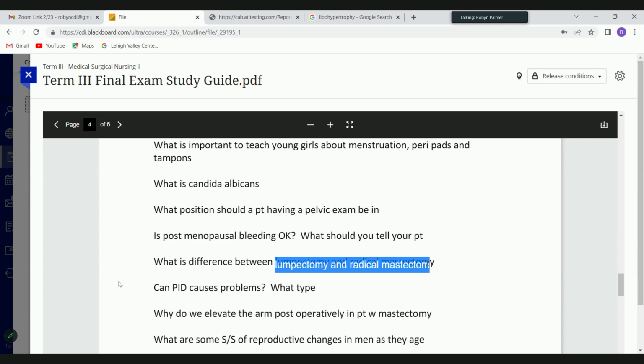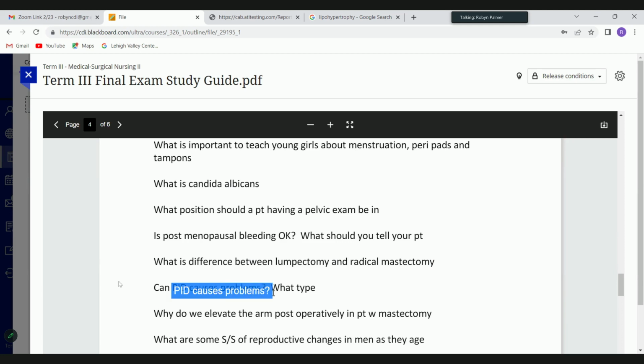But a lumpectomy with radiation gives you the same ultimate results as a mastectomy, not necessarily a radical, but a mastectomy. We'll talk about that next week. A lumpectomy with radiation and a modified radical mastectomy have the same ultimate outcomes.